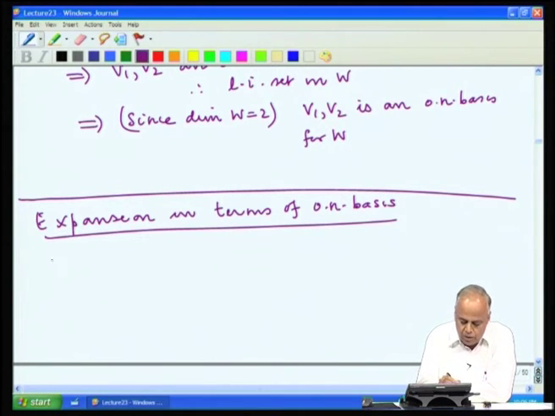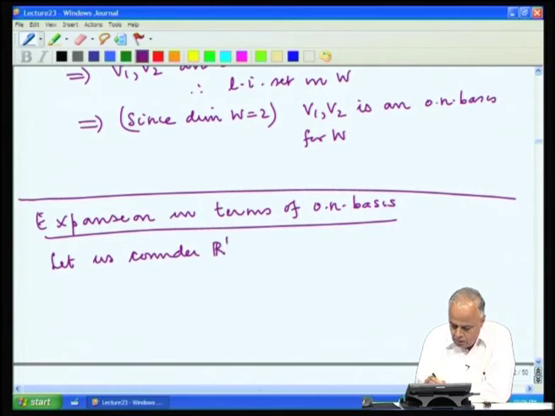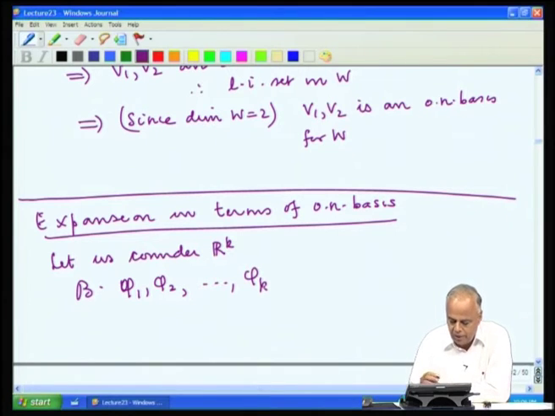So, first let us look at R k. Let us consider R k, and let us call the basis phi 1, phi 2, phi k. Any basis must contain exactly k vectors.